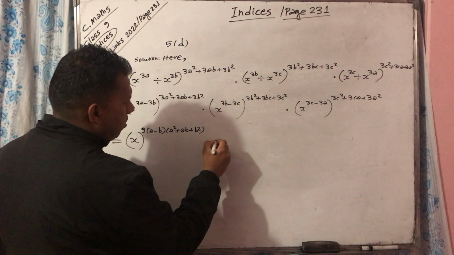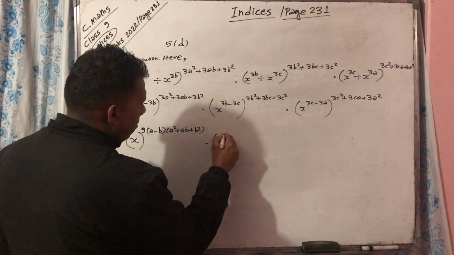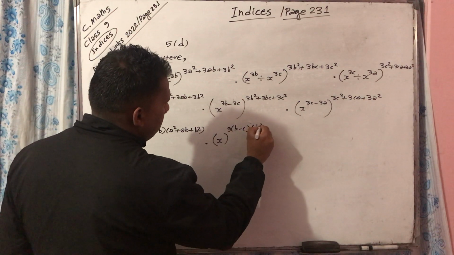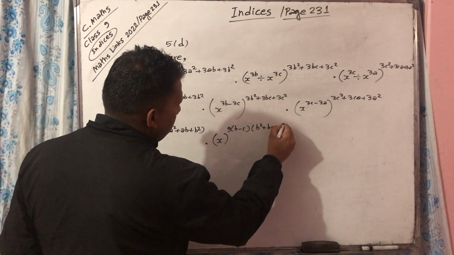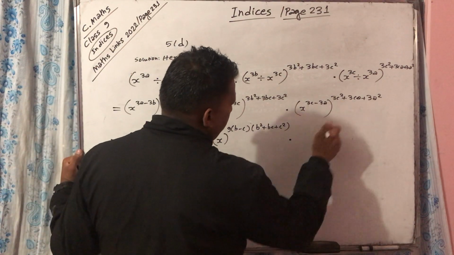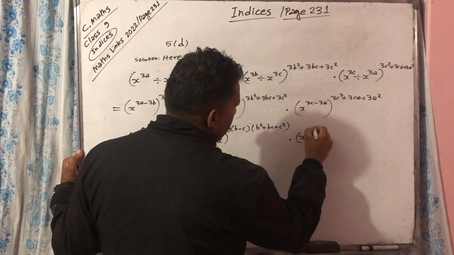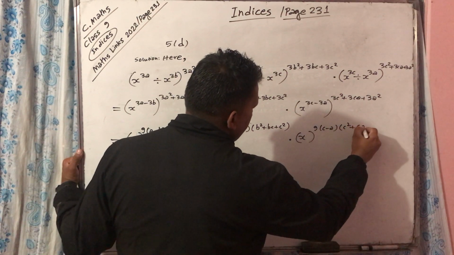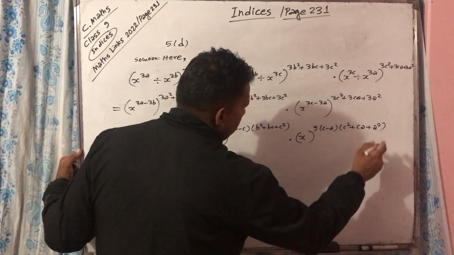In the second, again the same, x to the power 9 times (b minus c)(b square plus bc plus c square). In the third, again 3 common from the first and second part, so x to the power 9 times (c minus a)(c square plus ca plus a square).